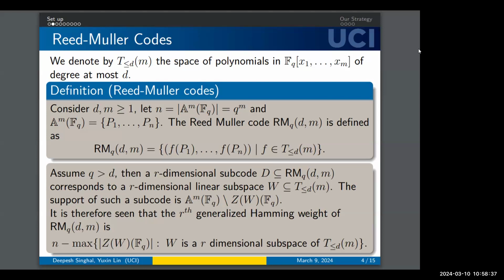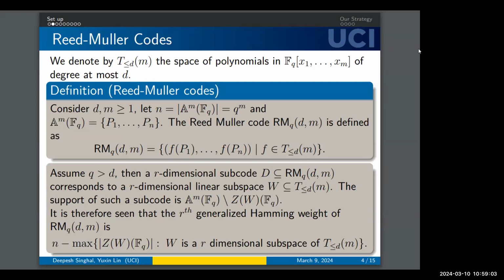So we'd always assume q to be sufficiently large for our purposes. And then an r-dimensional subcode corresponds to a vector subspace of polynomials. Each vector corresponds to a polynomial, so we look at an r-dimensional subspace of the vector space of polynomials.